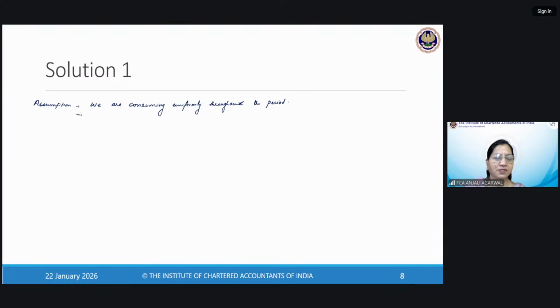There are many assumptions of EOQ, which are also their limitations. One, we assume that there will be uniform consumption throughout the period. We also assume that the supplies will also be uniform throughout the period, right? There will not be any problem. We will be able to get the supplier anytime that we want. We also assume that there will be no increase in prices of raw material, no change, no inflation.